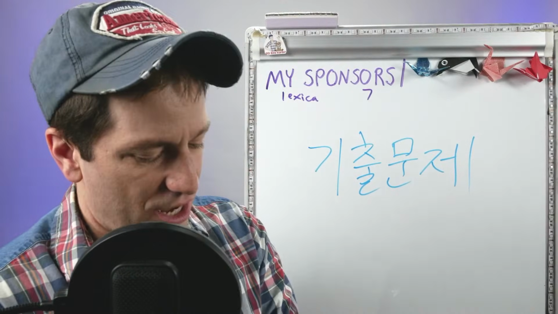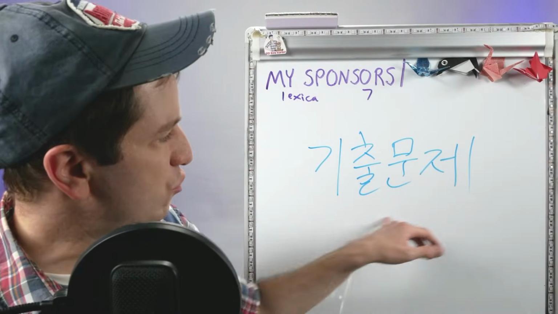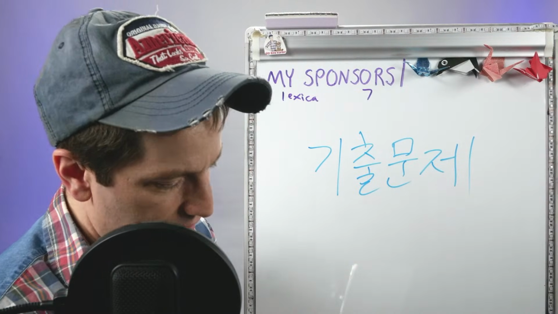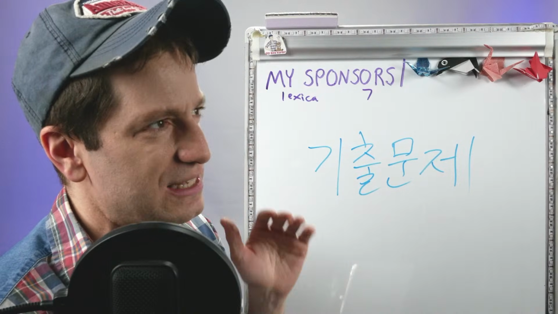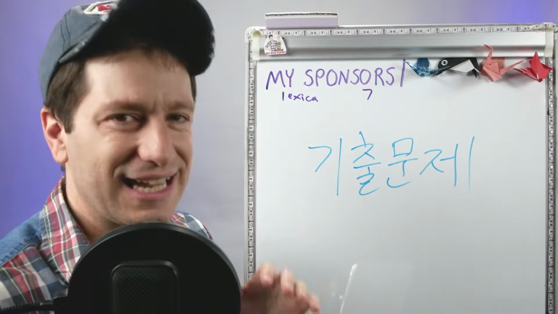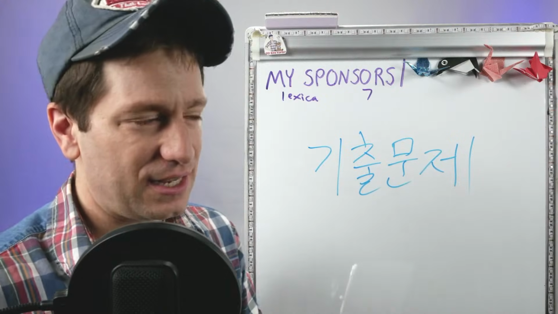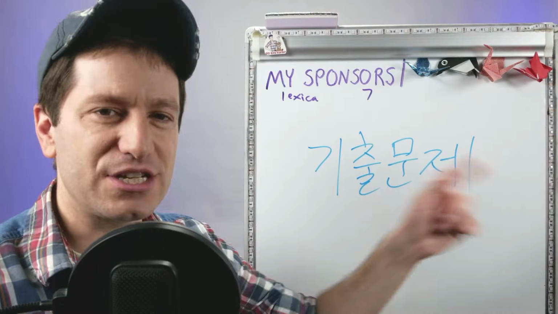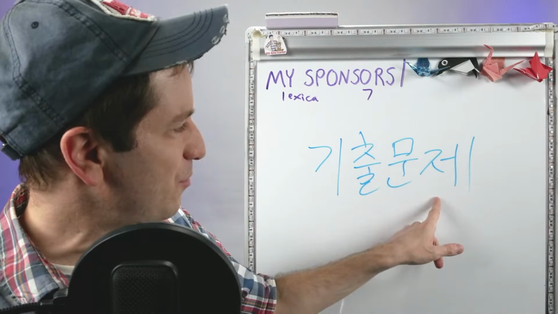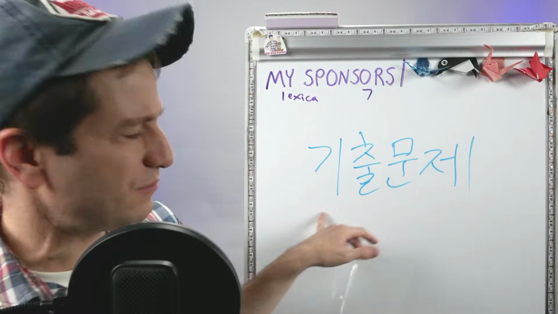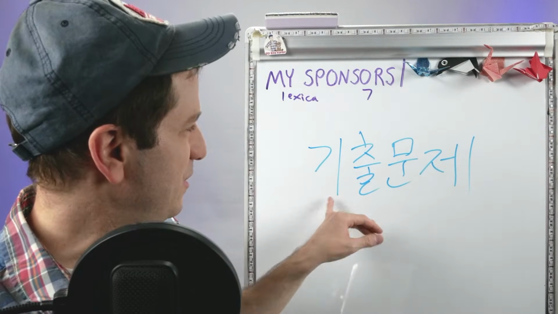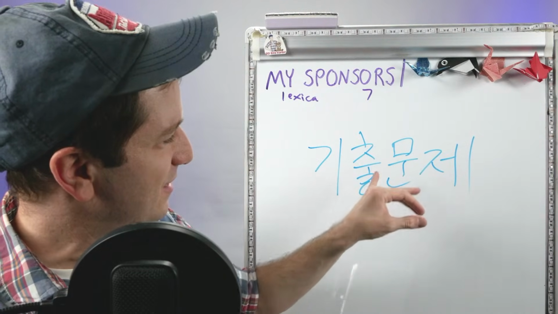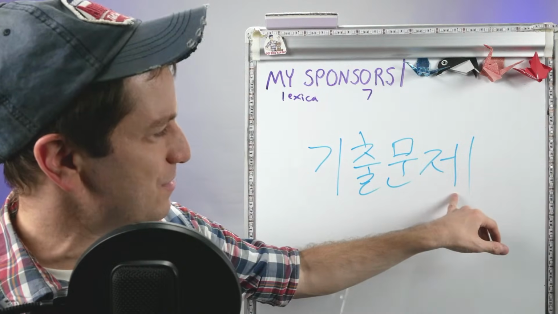Okay, this is actually not a bad word to learn. 기출 문제 is basically previous exam questions. So like example exam questions. Like if you're studying for a test and you want the previous year's topic, kind of like that. So these are the problems that were already previously given out or released problems, questions.